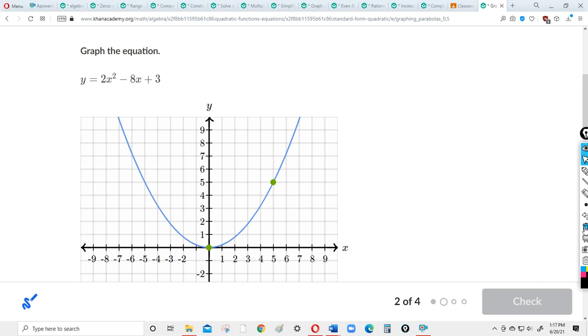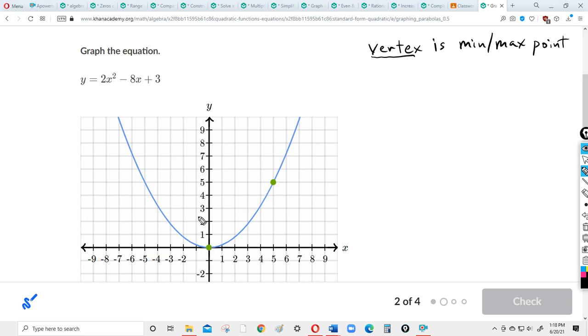All right. Now the other thing that you need to know is the formula for the vertex. The vertex is the minimum or the maximum. Okay, so that's a definition of vertex, the minimum or maximum point.